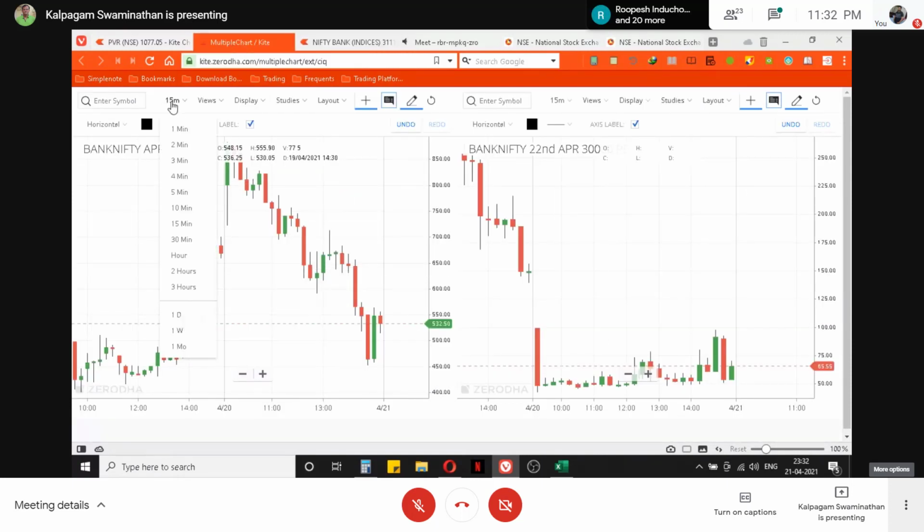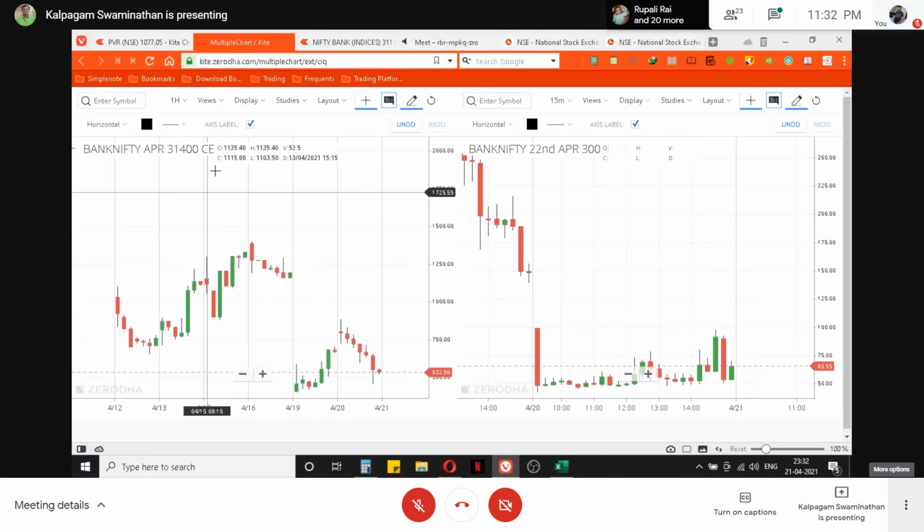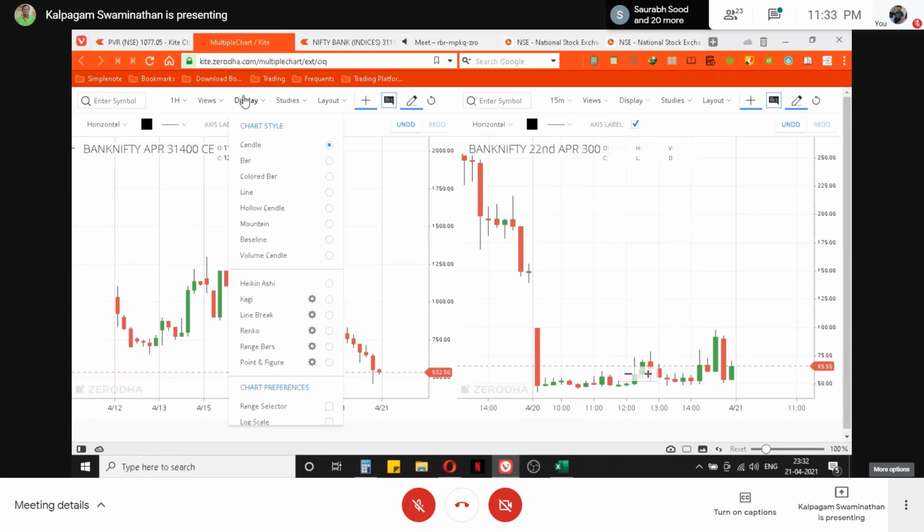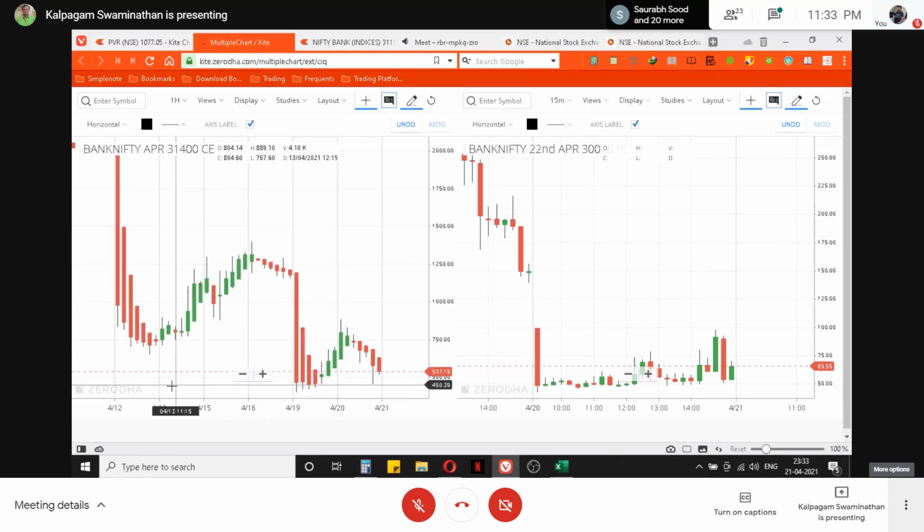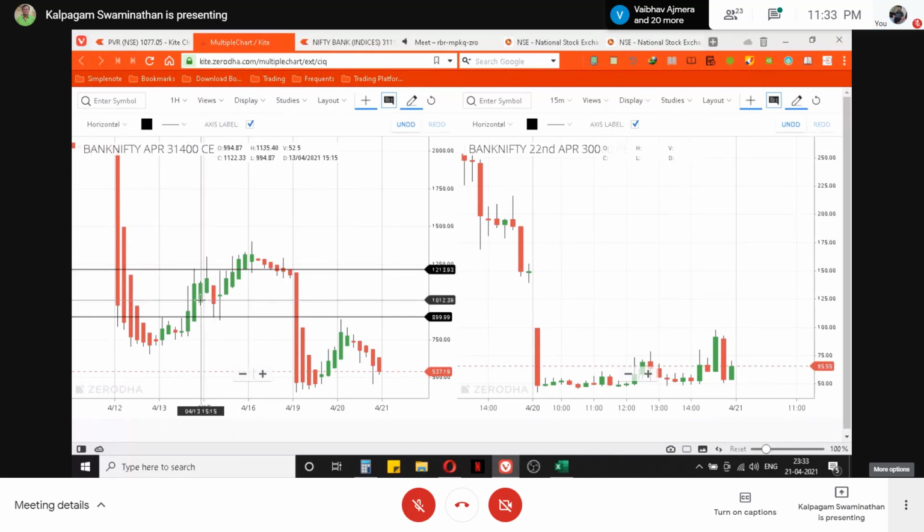I showed you how we mark this using the line chart, no? Instead of line chart, you select Heiken Ashi. And you start looking at green candles. If it is not making a higher high, that means there was a resistance there. Then it fell. Again, it started going up. Then it stopped making a higher high here. Next candle was making a lower high.